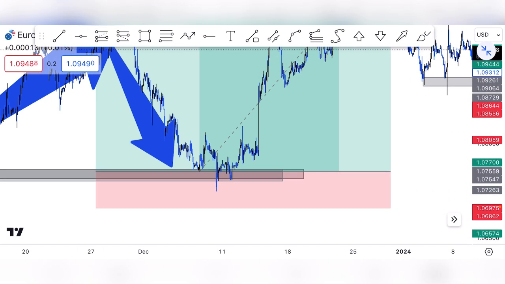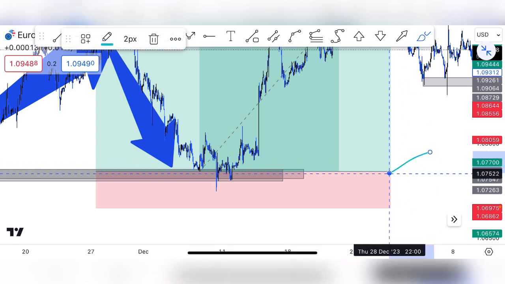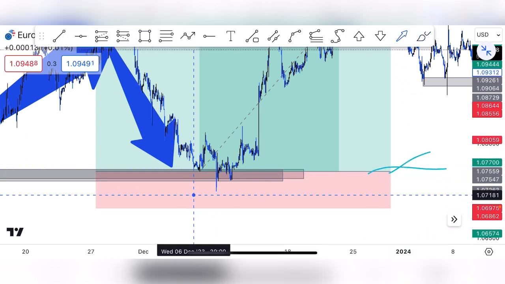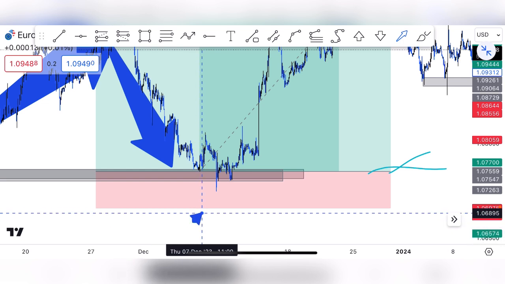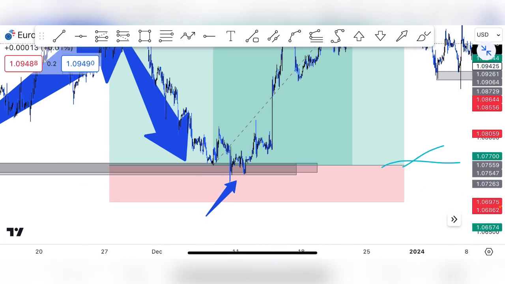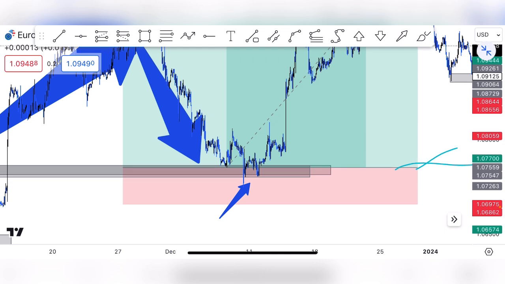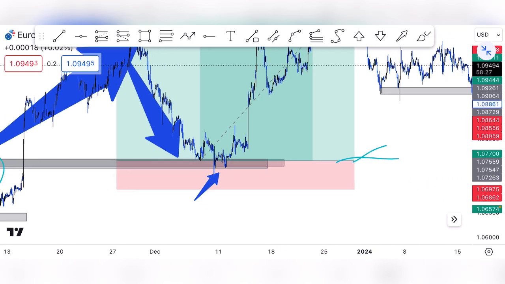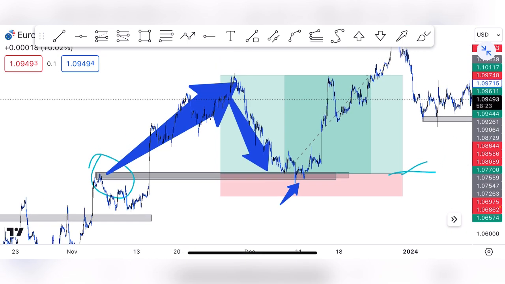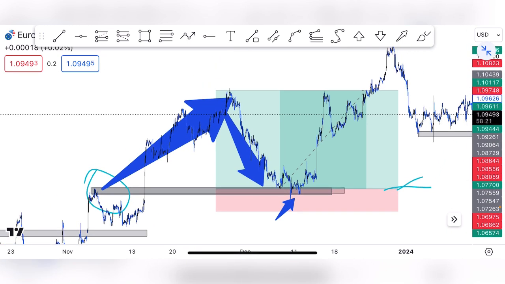So this was the confirmation I was talking about, the double bottom confirmation. This is the double bottom confirmation. This is the trade I took personally in this bullish market, and I made a huge profit.